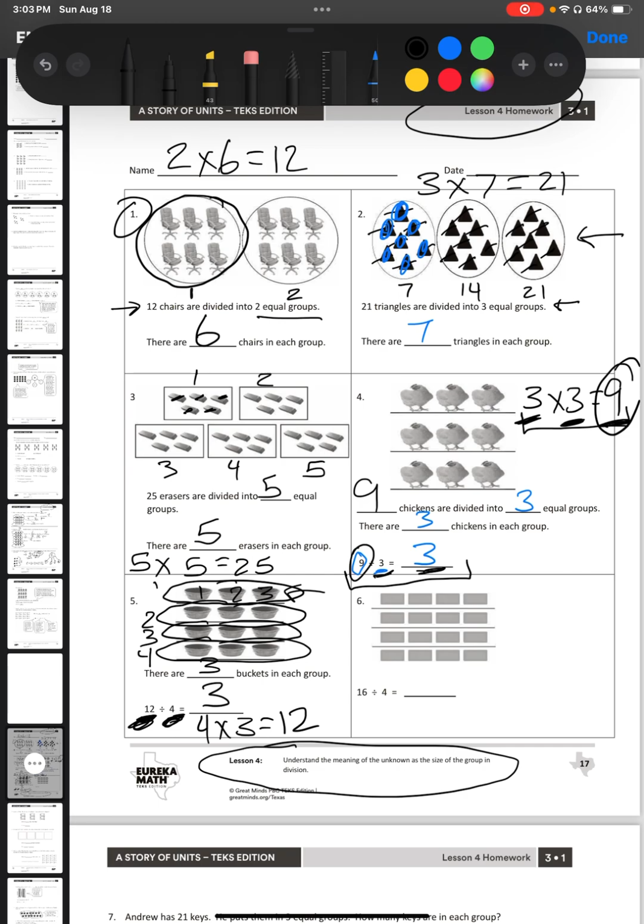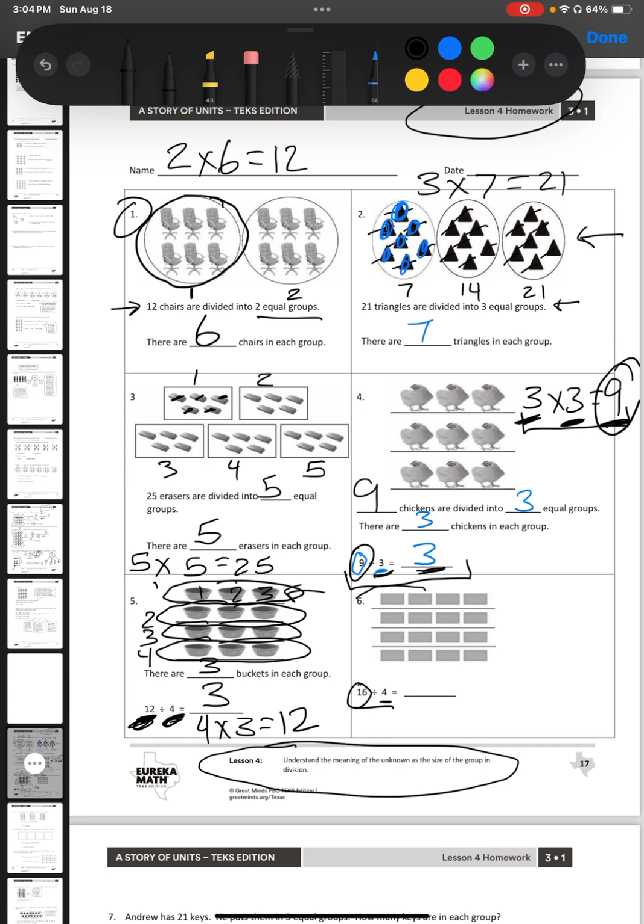Problem 6, another array. This time they don't give us the support of all of the wording where they break it down for us. They just straight give us the division sentence. 16, I'll call them bricks, divided by 4 groups equals some number in each group. Well, we can count these if you want to count each brick and see there are 16 total bricks.